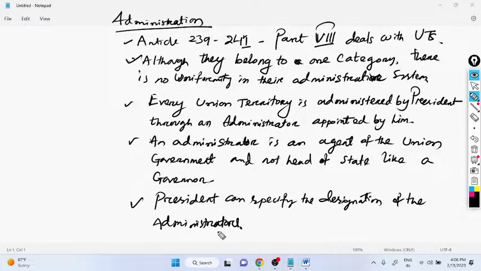Okay, now we shall move to the designation of the different union territories.